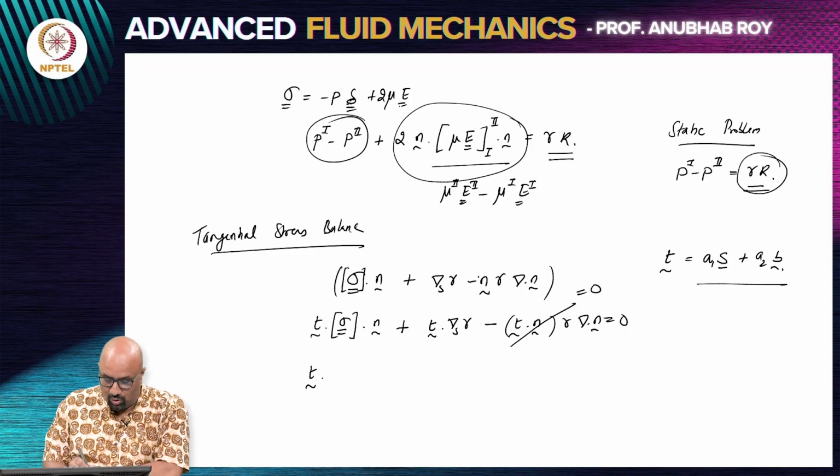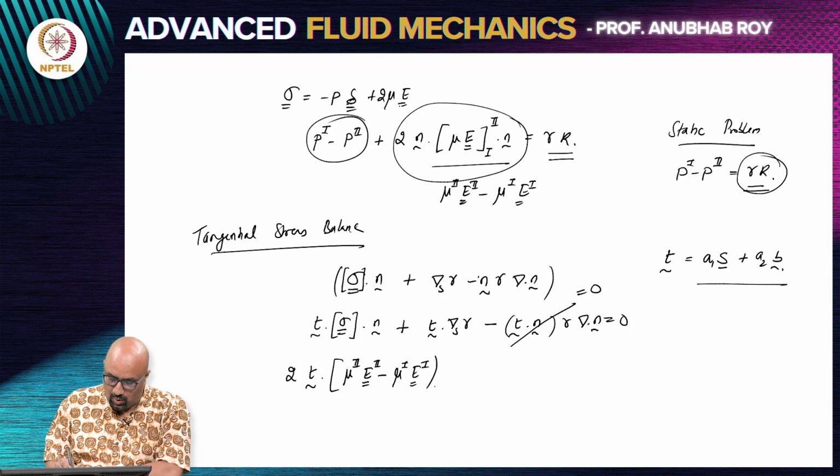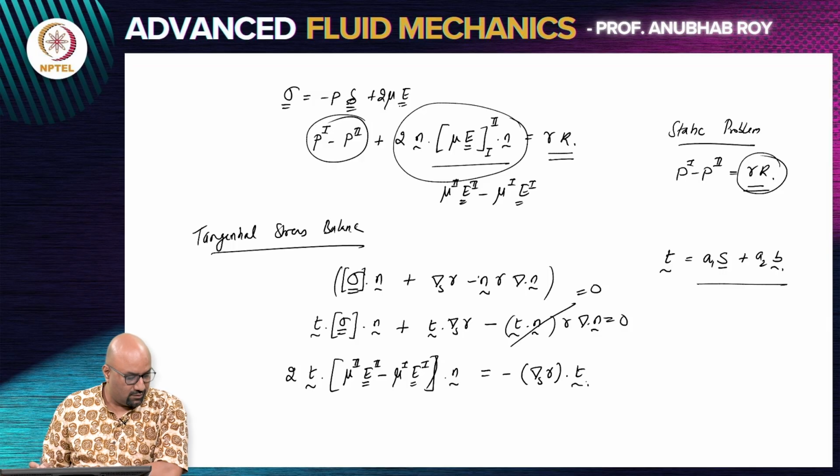For a Newtonian fluid, t dot sigma dot n will only have a contribution from the viscous part. There will be no contribution from the part due to pressure. So you will have t dot (2 mu 2 E2 minus 2 mu 1 E1) dot n is equal to minus grad s gamma dot the tangent vector.